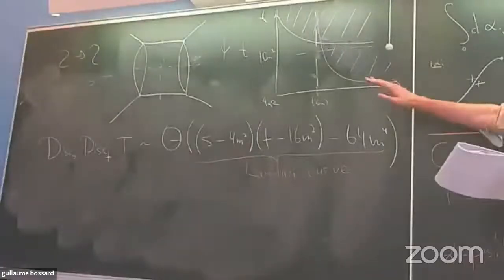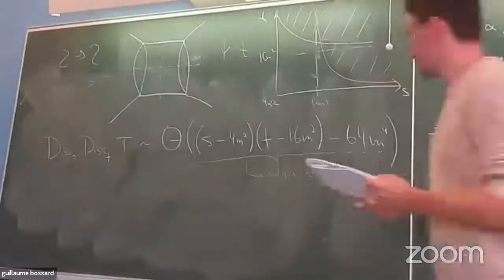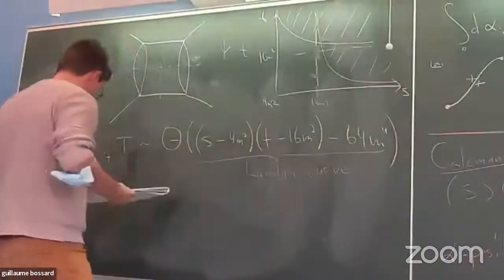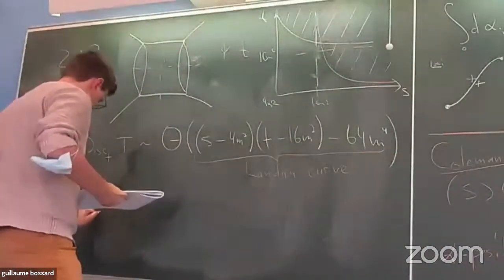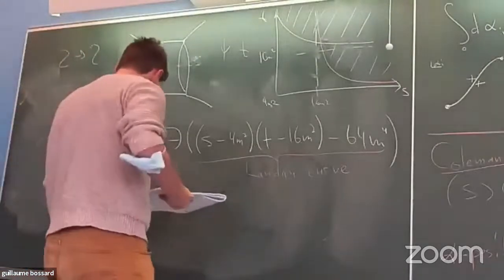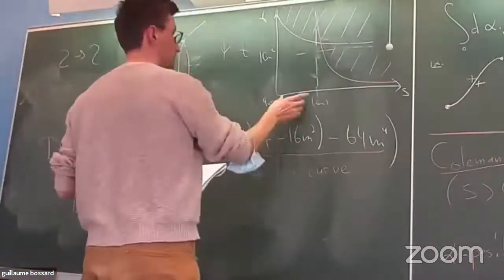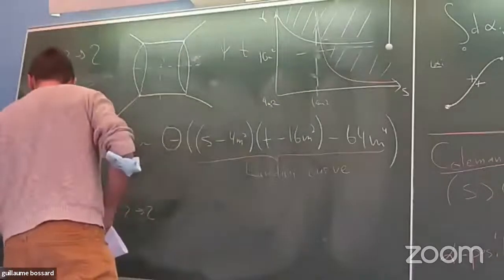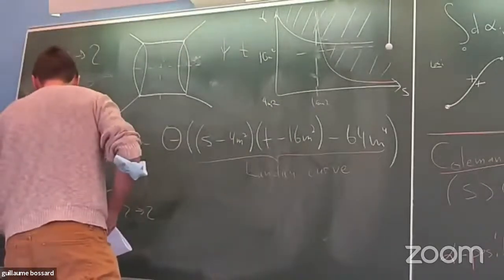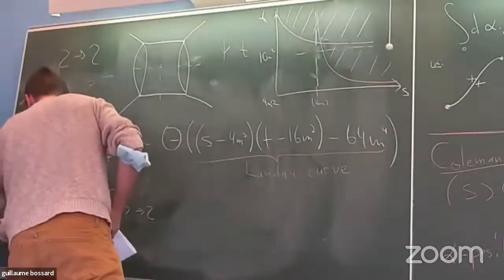And now, what is the relation of this example of this Feynman graph to unitarity? So the relation is this: we take the disc in S of the 2 to 2 amplitude, and let me restrict, for example, S to be less than 16 squared and larger than 4 squared.